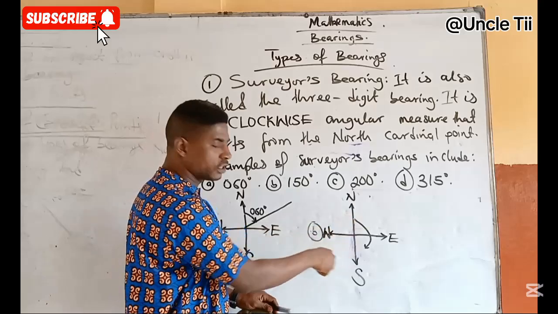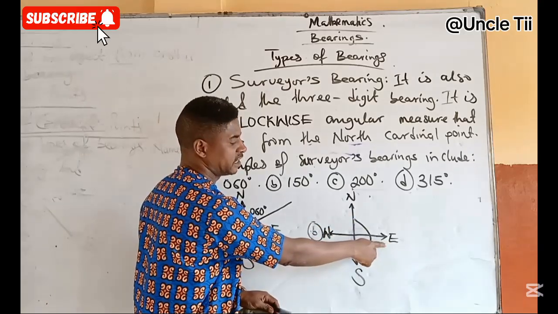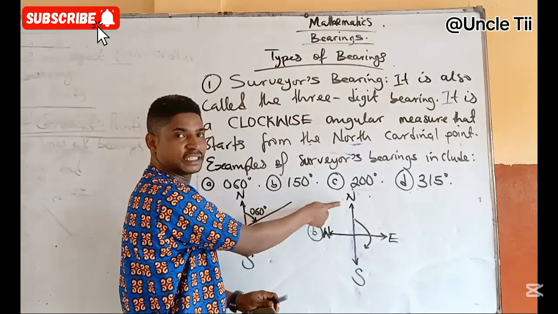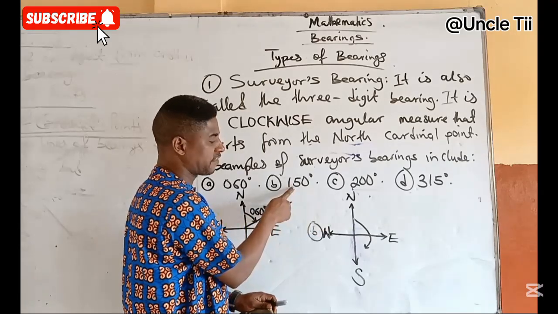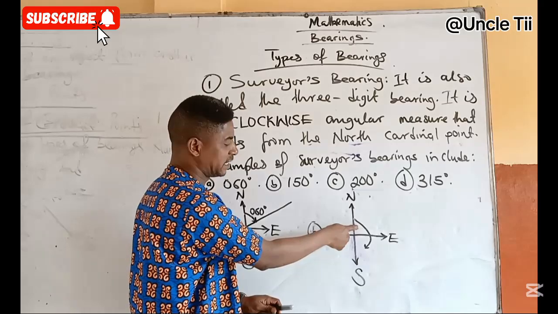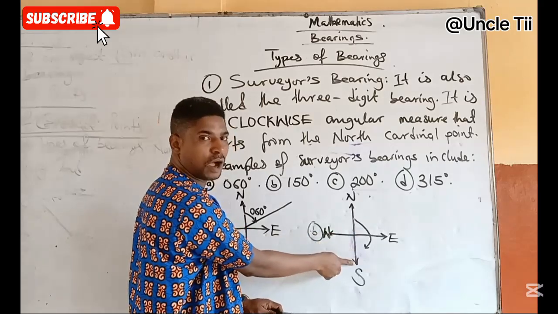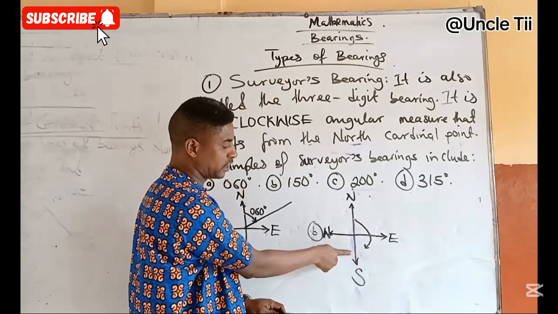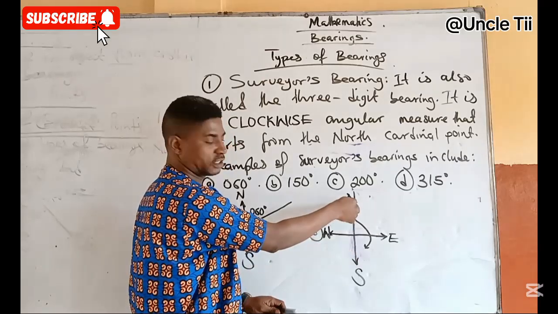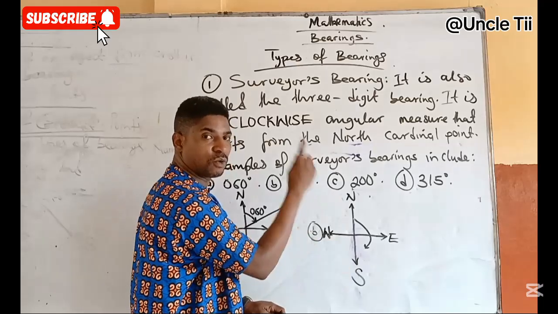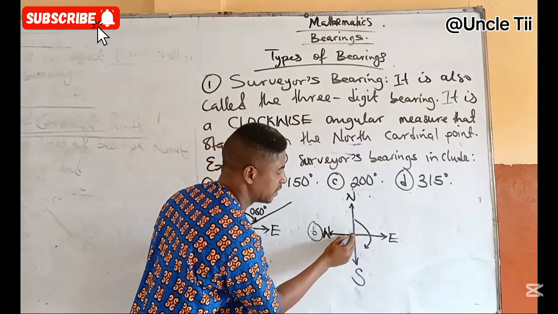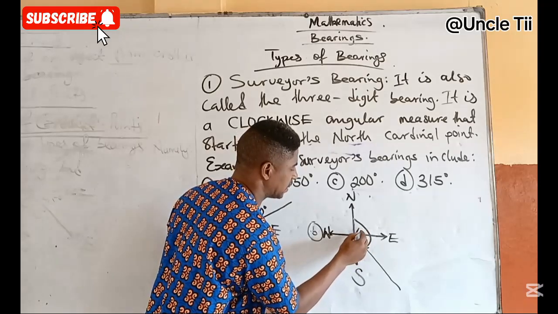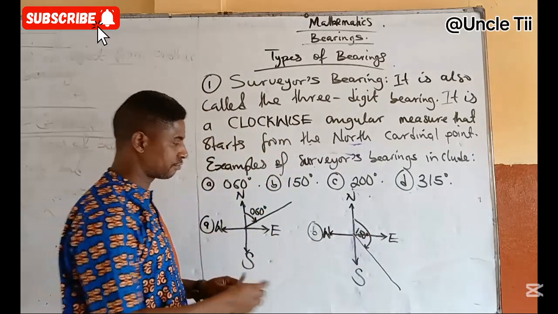Why did we draw the arc past the east? It is because between the east and the north, like we established in the last class, you have 90 degrees. So 150 degrees is more than 90 degrees, but it is less than 180 degrees. So the arc will not get to the cardinal point south, because between the north and the south, we have 180 degrees. So this diagram illustrates 150 degrees.